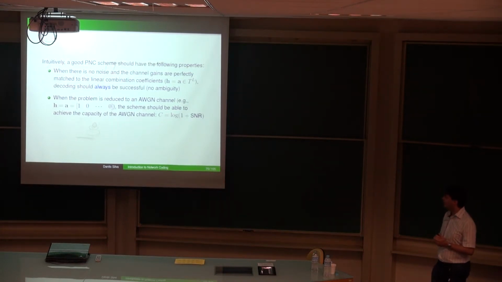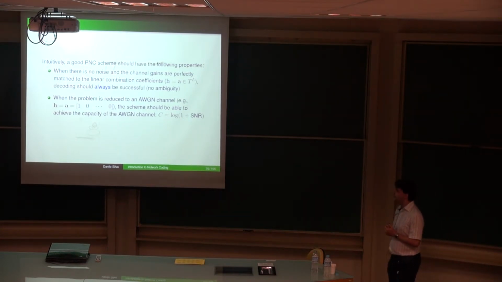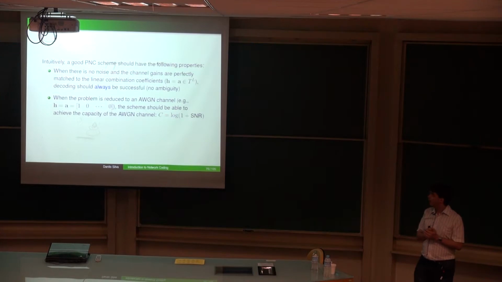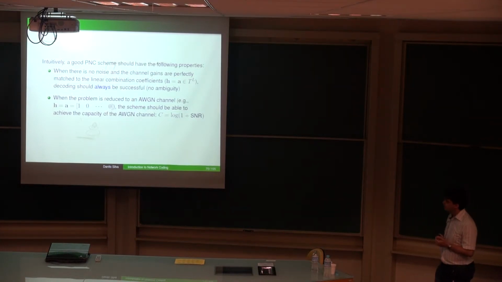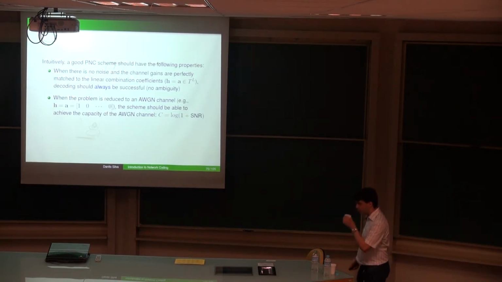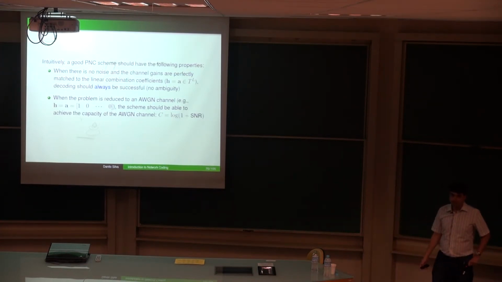Moreover, it would be nice if, when you reduce the problem to that of a single transmitter with channel gain equal to one, you should be able to get the capacity of the Gaussian channel. That's reasonable to expect from a good solution to this problem.